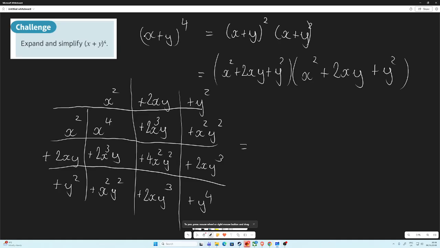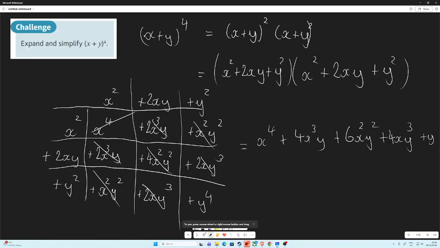So that equals x to the power of 4, plus 4x cubed y, plus 1 and 4 and 1, which is 6x squared y squared, plus 4xy cubed, plus y to the 4. Thank you. That was exercise 1B in algebraic reasoning.